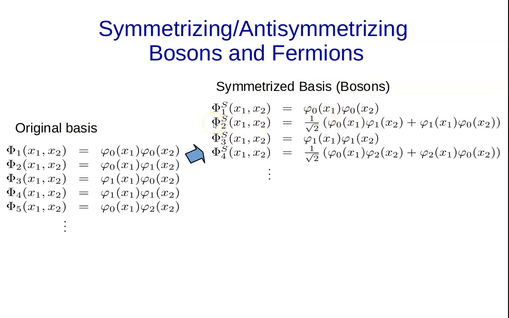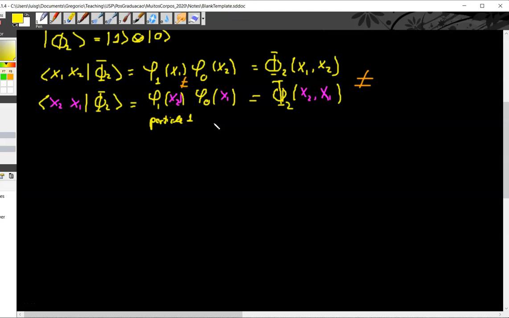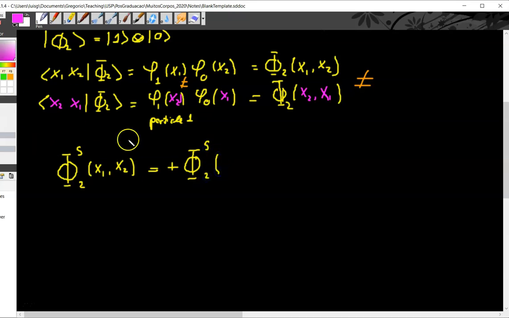So let's go back to our example here. So what do I get here? I need a symmetrized basis, symmetrized, let's call it phi 2 S of x1, x2, which has to be normalized and everything, but has to give me the same thing when I exchange the particles. Right? So how do I do that?